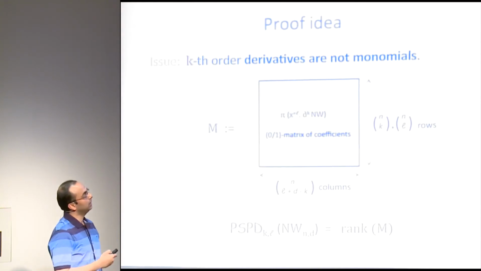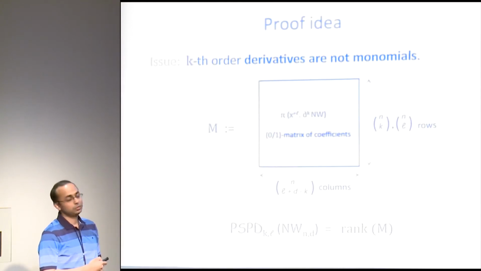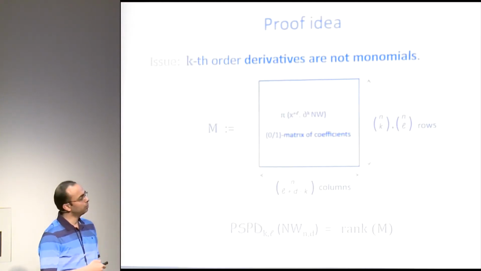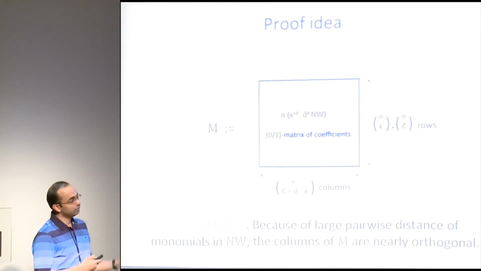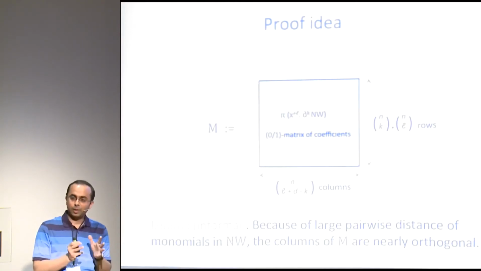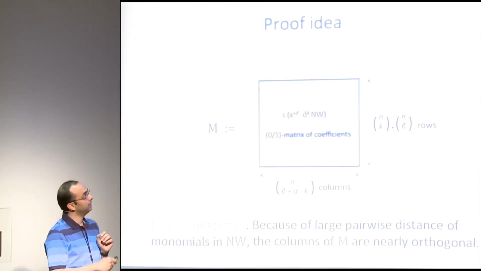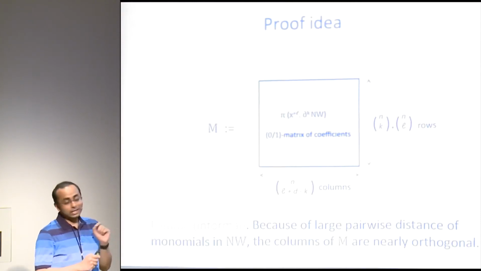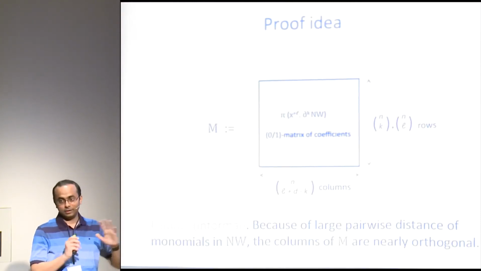So what you get here is not a diagonal kind of matrix, which would have been the case if all the derivatives had been monomials, but just general polynomials. But what we found is that because of this disjointness property of monomials, this matrix has a very nice structure. The columns of the matrix are nearly orthogonal to each other. This is a 0-1 matrix.